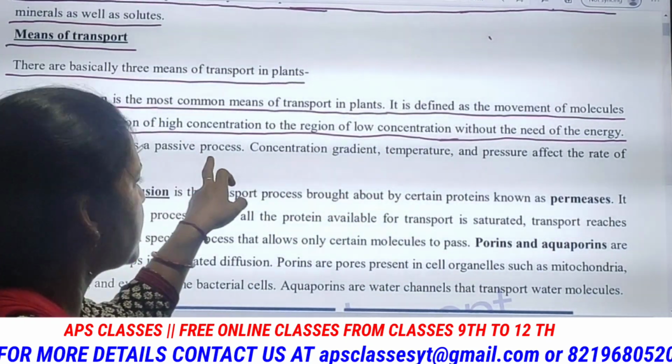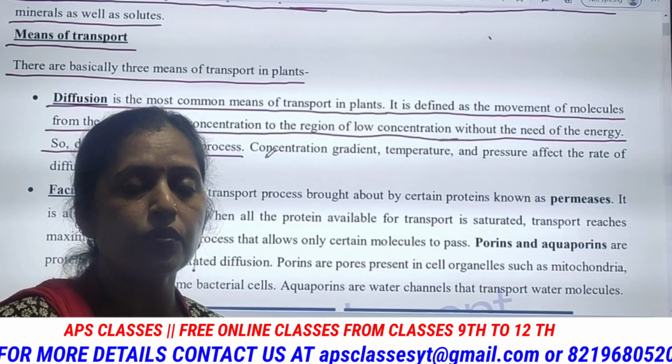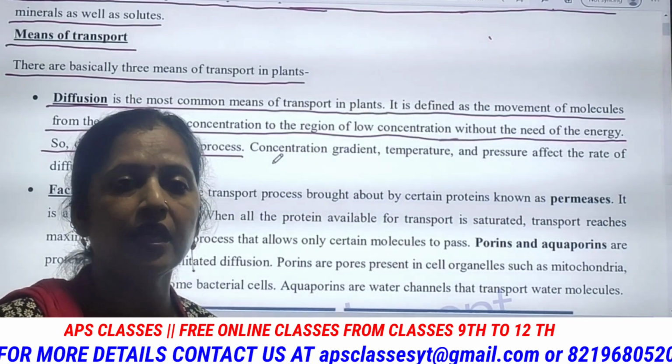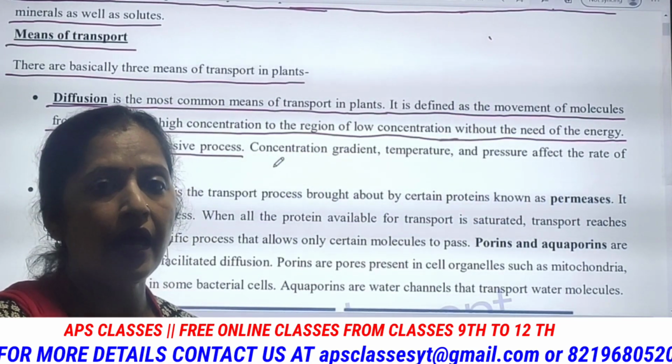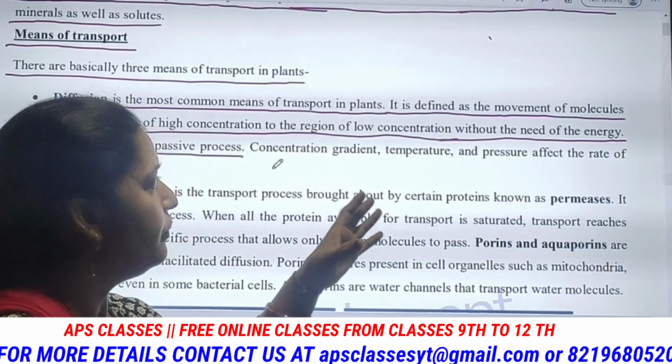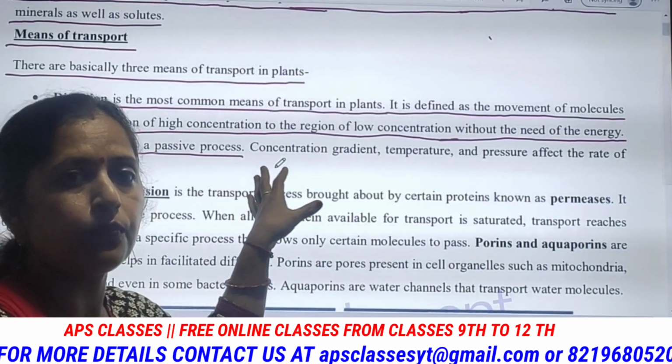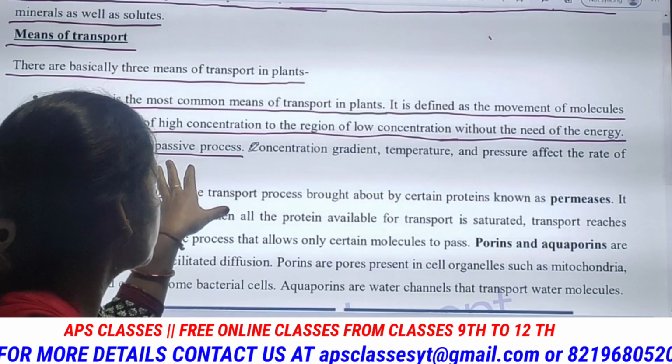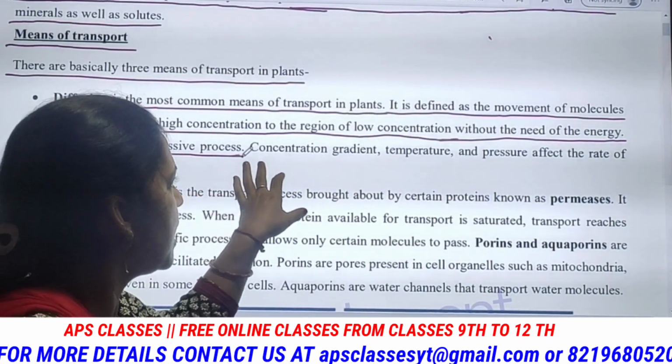So diffusion is a passive process. In the diffusion process, there is no need for any energy, and for that reason we can say that diffusion is a passive process.